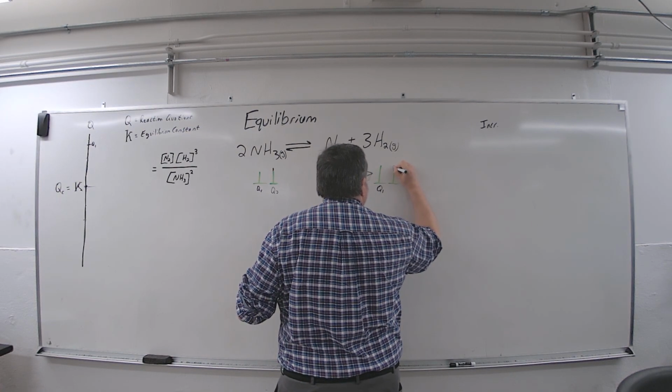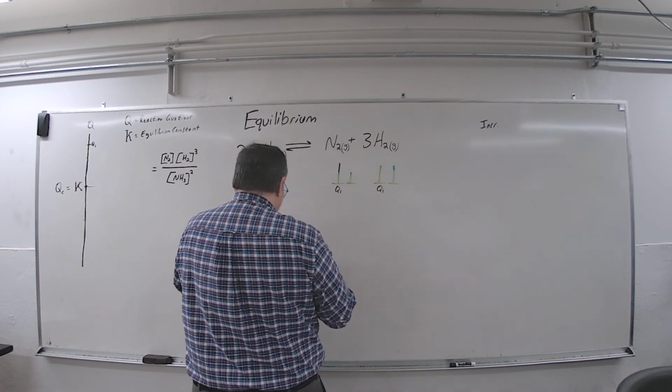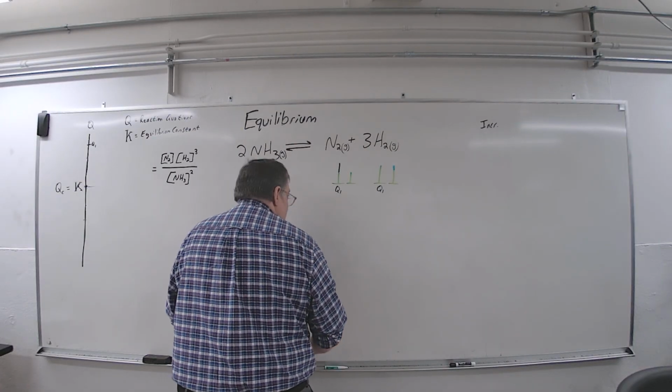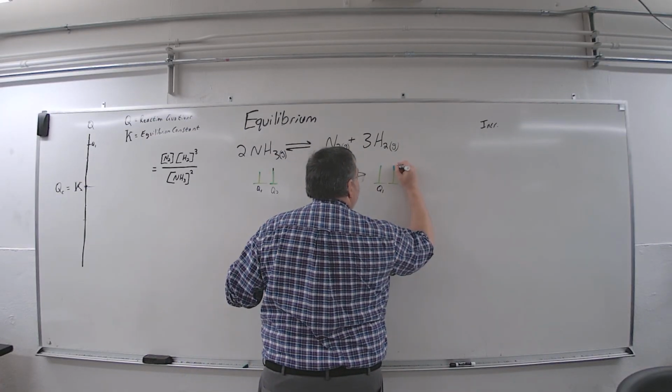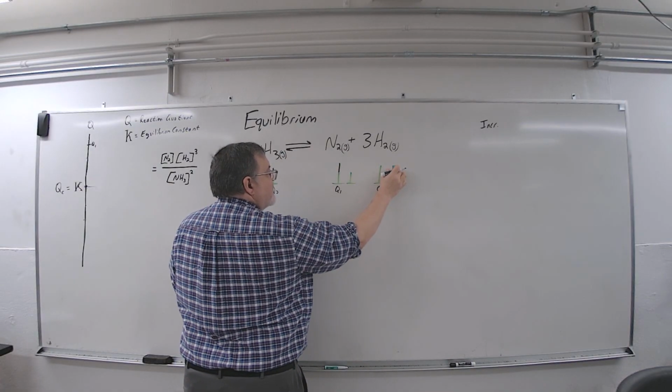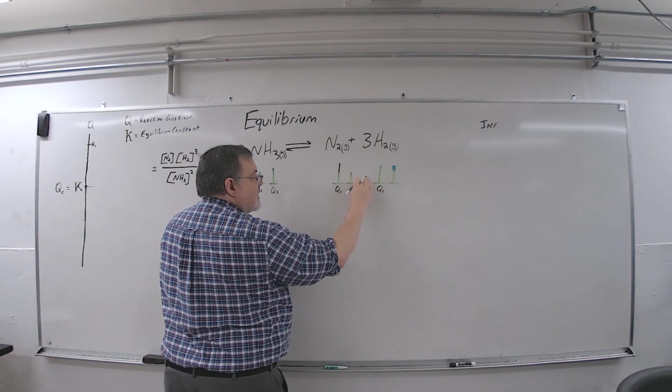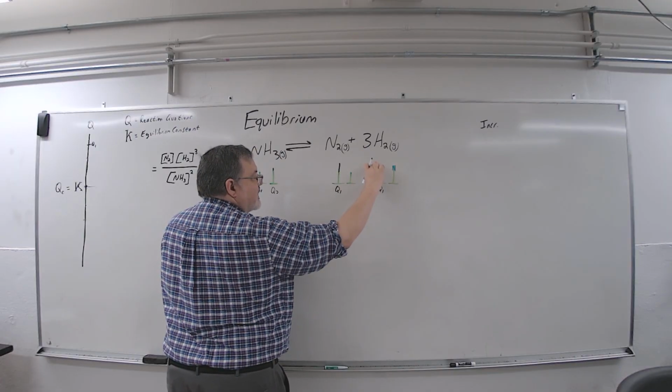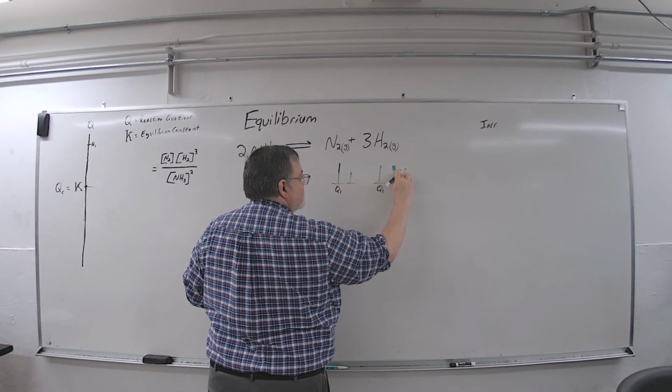Here, that little bit right there represents this going down. That's how much of this is lost compared to here. So this is a loss.